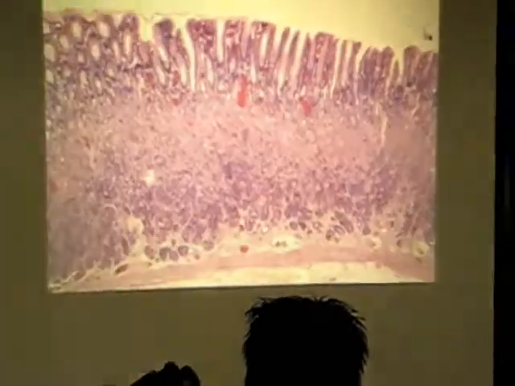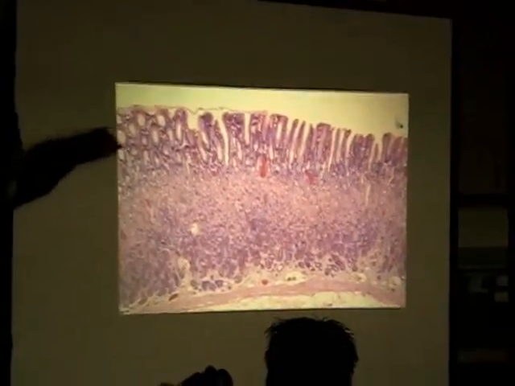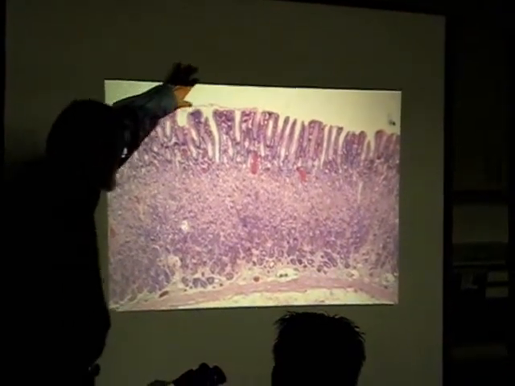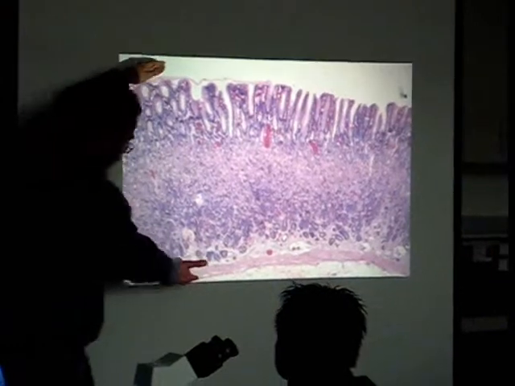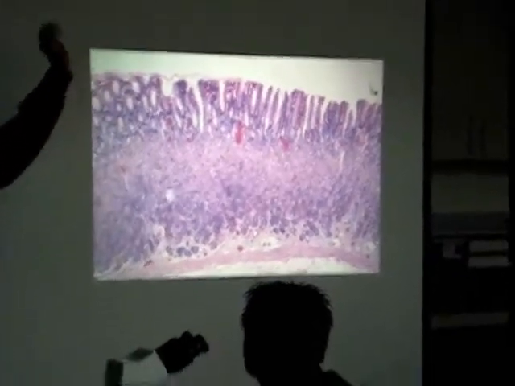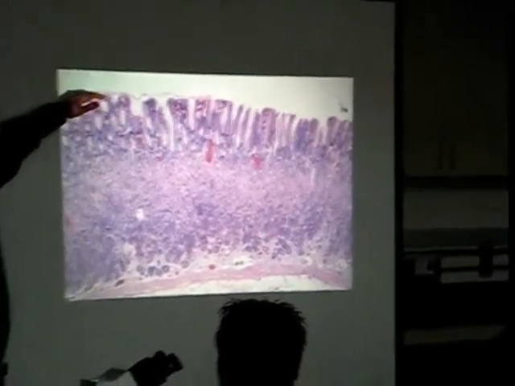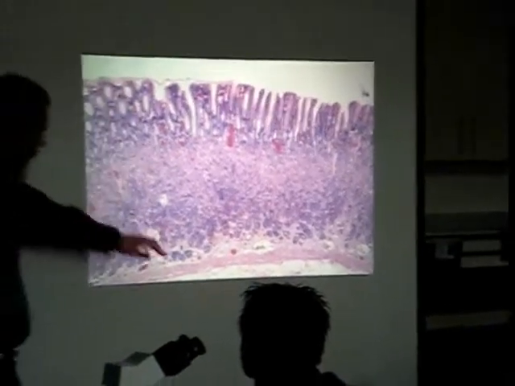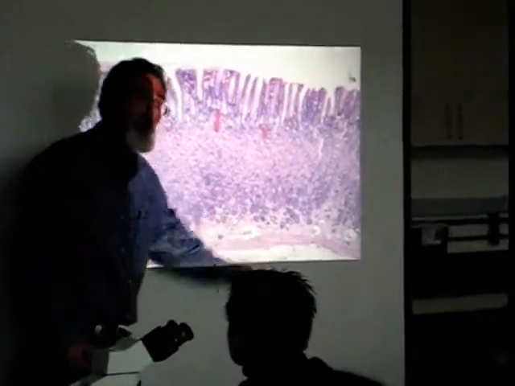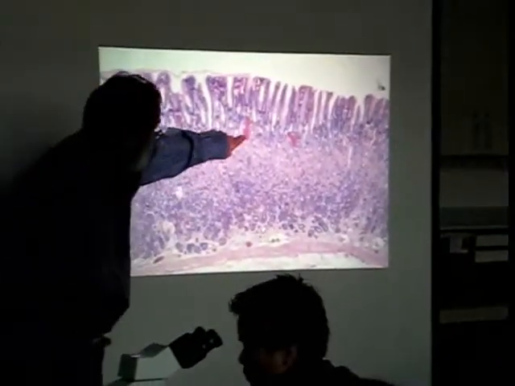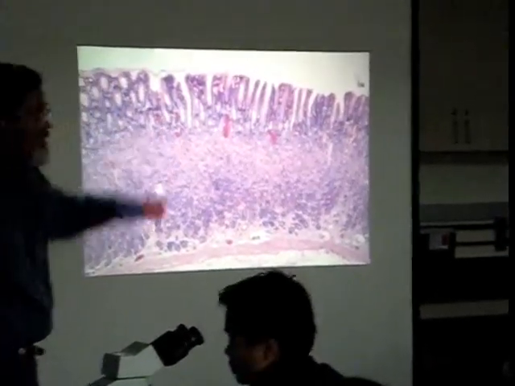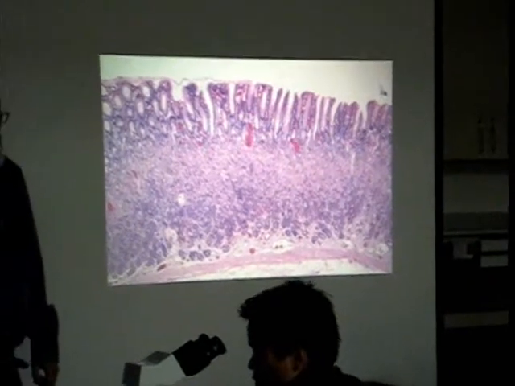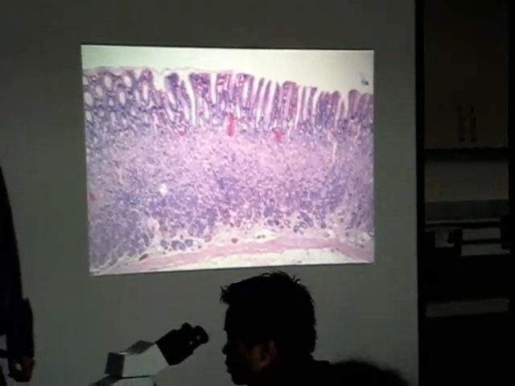So, looking down on the surface, here's that mucus coating that I was talking about. It's been removed there. So here we have a section of the whole mucosa, right? Remember we defined a mucosa as surface epithelium, lamina propria, and the muscularis mucosa. What are these? Really bright red. No, absolutely not.